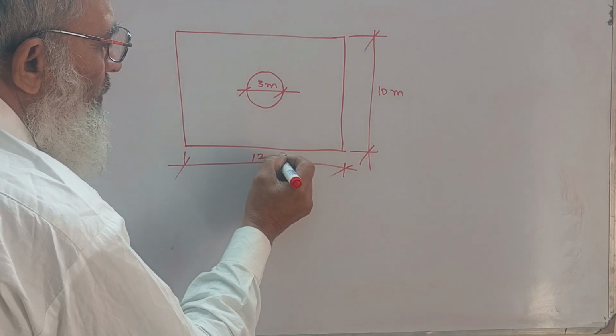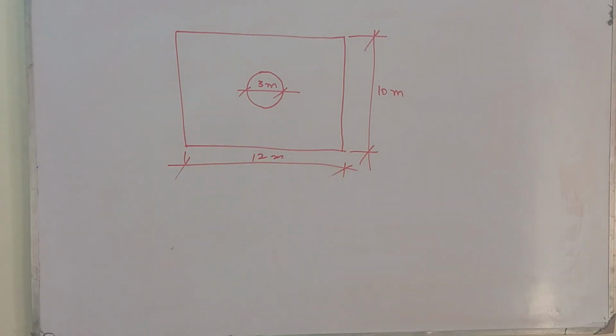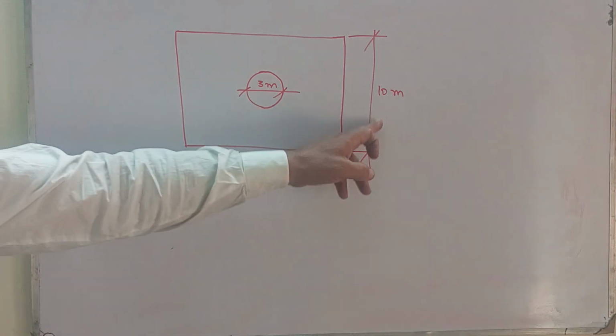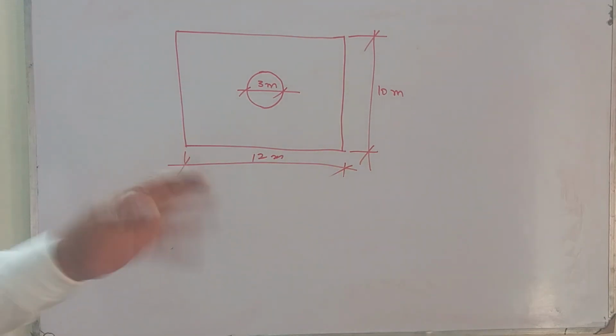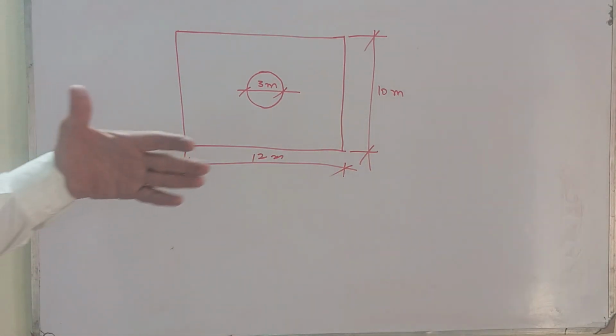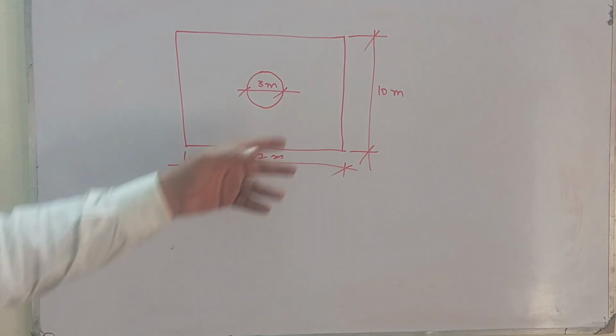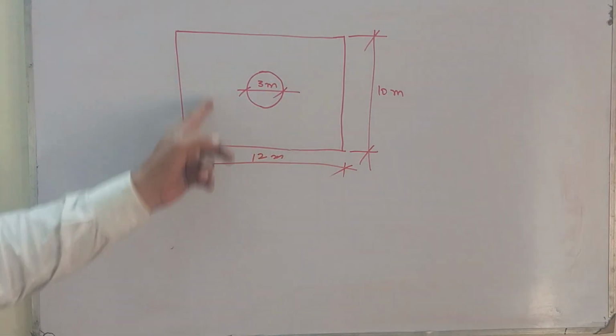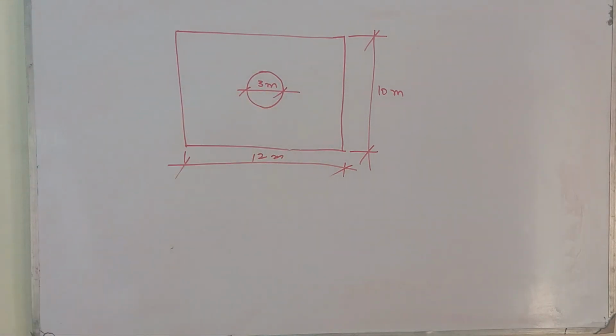Now you see that everything is given in this whole figure: 3 meters, 10 meters, 12 meters, and of course maybe we have to find the area of this excluding this circle. Now let me read the question.